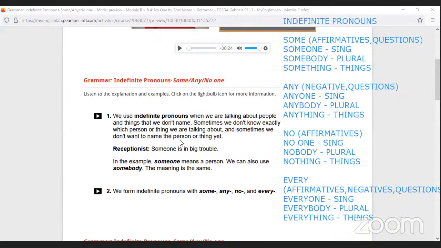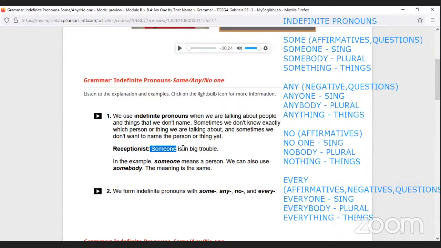For example, the first one is: someone is in big trouble. When we talk about someone, somebody, or anyone, anybody, everyone, we're going to use these words like third person, okay?